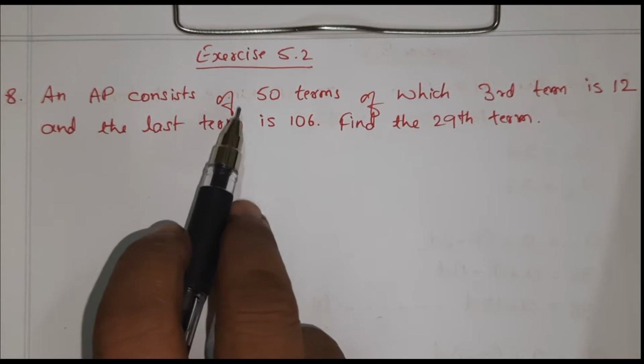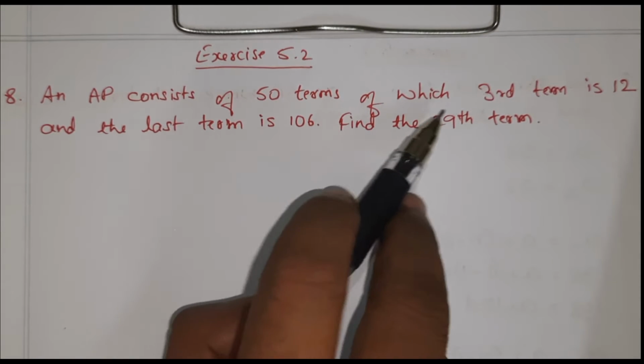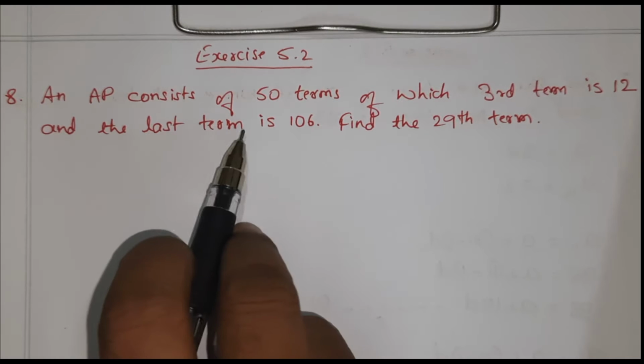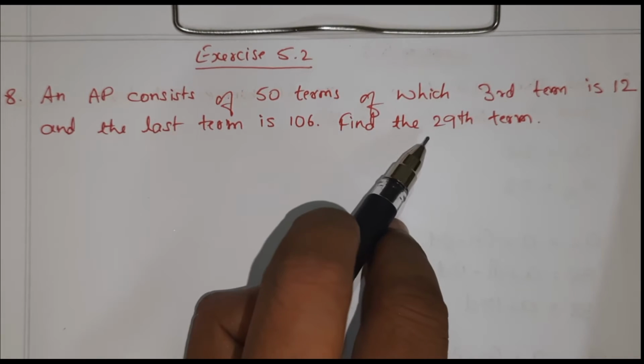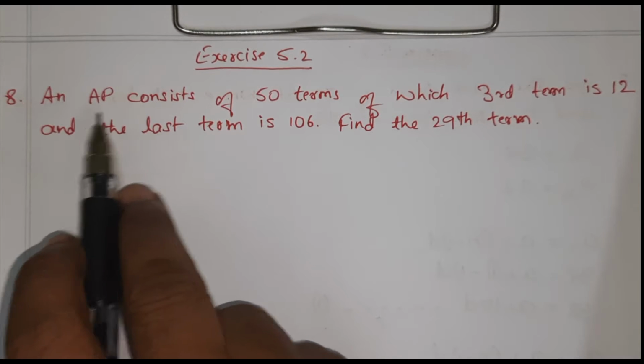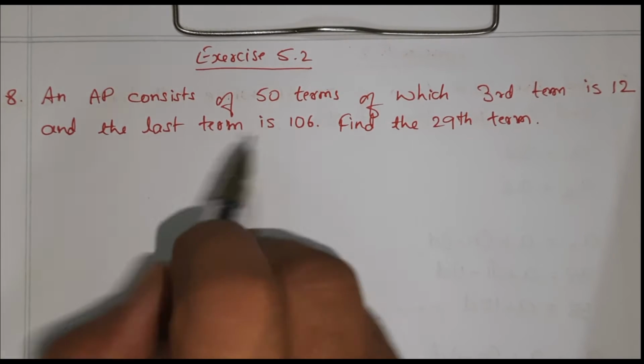An AP consists of 50 terms, of which the third term is 12 and the last term is 106. Find the 29th term. So our AP consists of 50 terms.